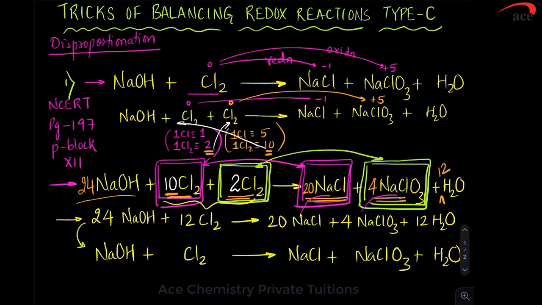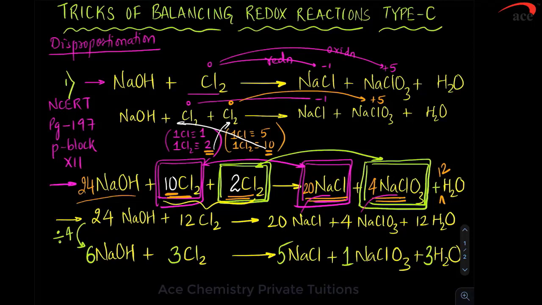If you divide the entire equation by 4, you will get 6 NaOH plus 3 chlorine gives 5 NaCl plus 1 NaClO3 plus 3 H2O. This is what you will get.